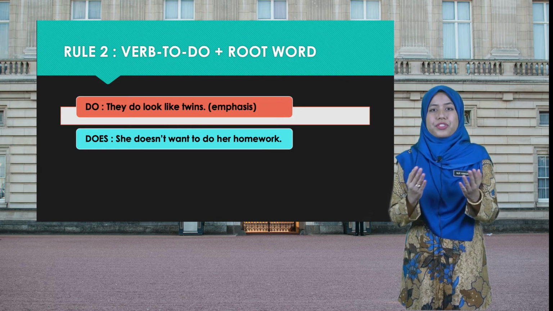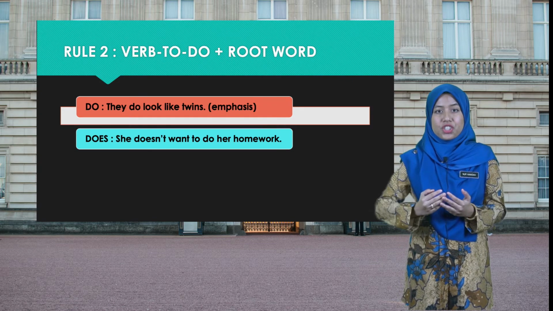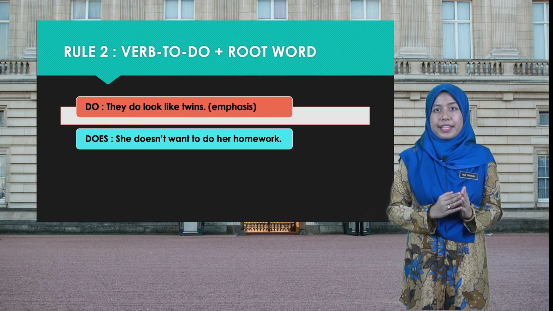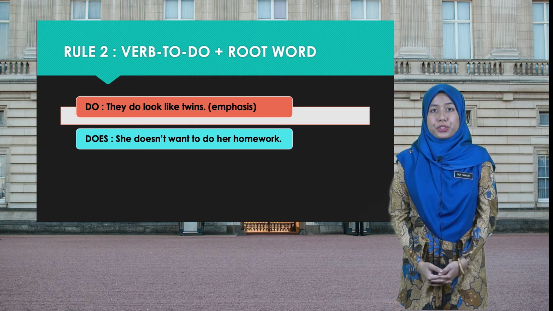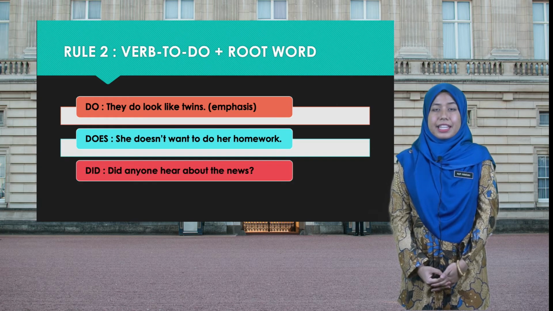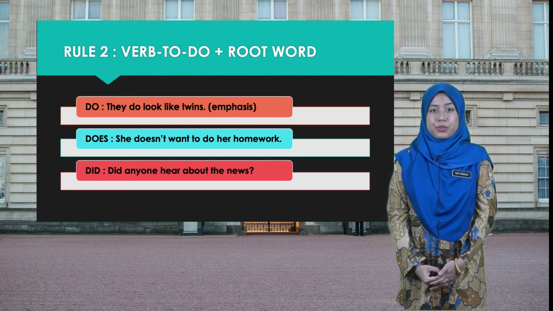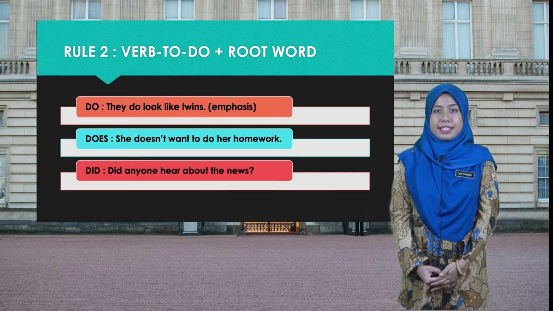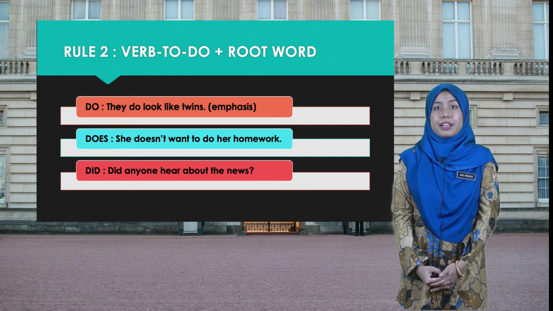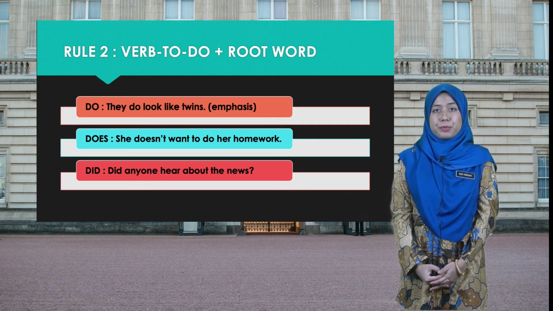So although the subject is singular, she, the verb want does not become wants with an S because of the verb to do, doesn't. Now the third example, did anyone hear about the news? So in this sentence, although the sentence is in simple past tense, the verb here does not become heard because of the verb to do, did.